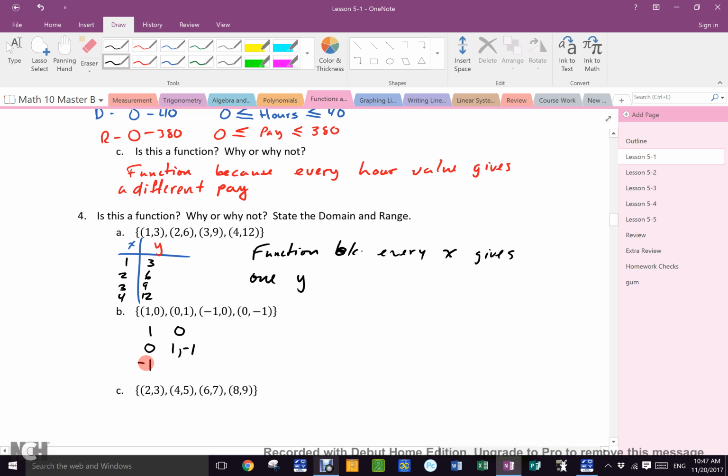What's the y value that goes with -1? 0. Is that a function? No. This is a relation. Why? Because x equals 0 gives 2 y values. Everybody cool? Okay.